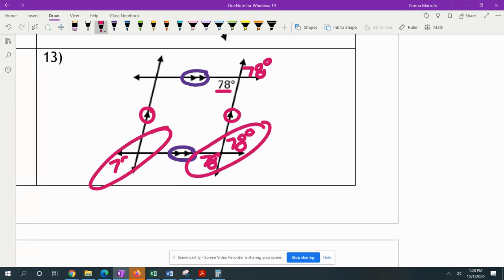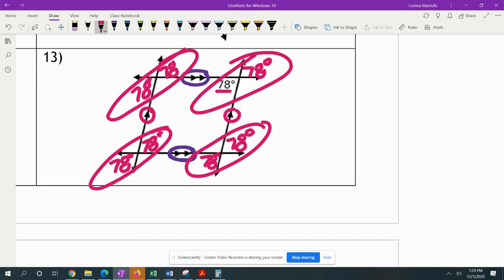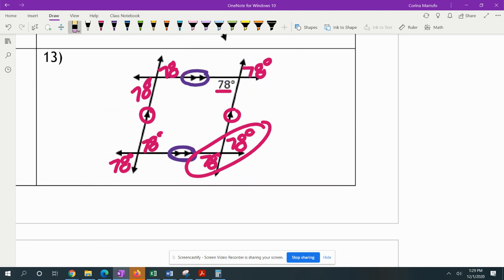So this is 78, and this is 78. And we translate this to here as well. 78, 78. Okay, and you notice all of these match up. So now we're going to do our obtuse angles, which go this way. But I'm going to go ahead and erase all these things because it looks way too messy.